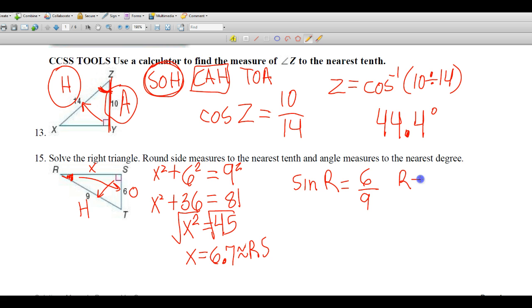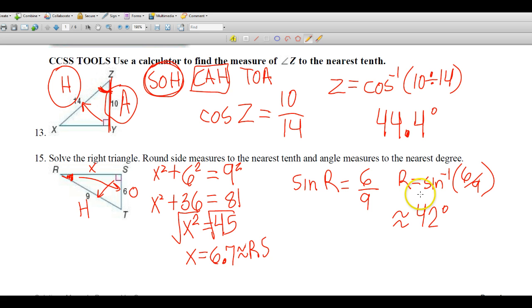So R is equal to the inverse sine of 6 over 9, 6 divided by 9, which is approximately 42 degrees.